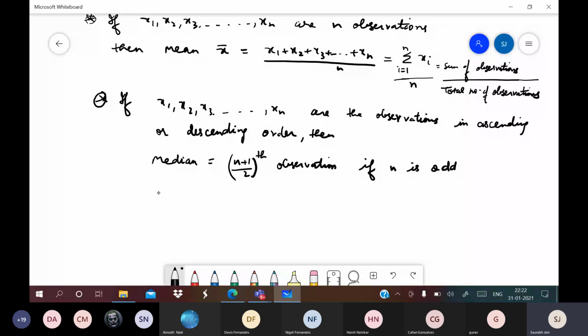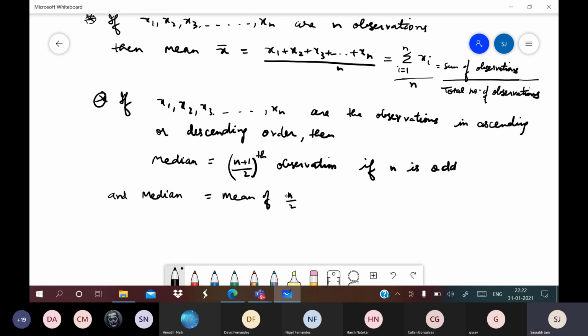And if n is even, then the median is the average, right?